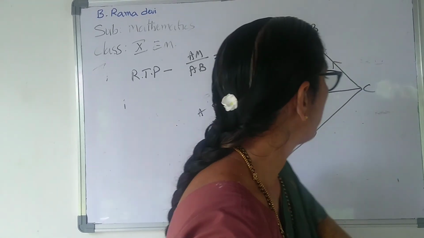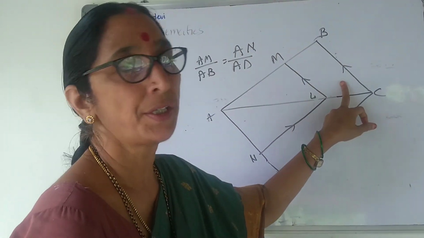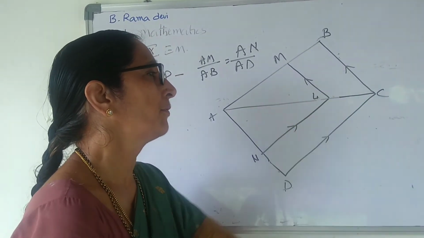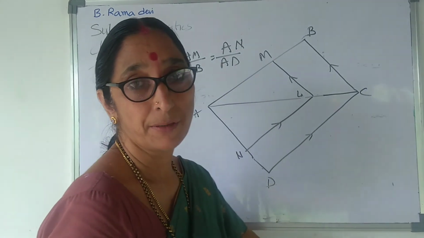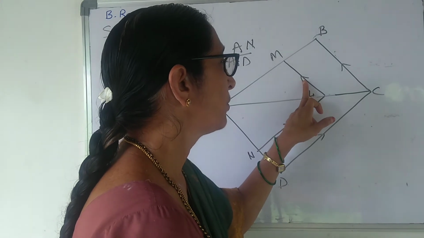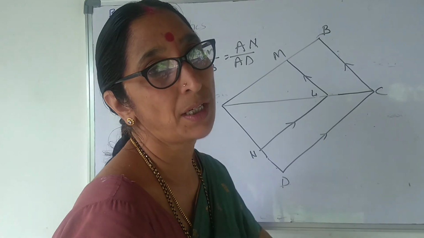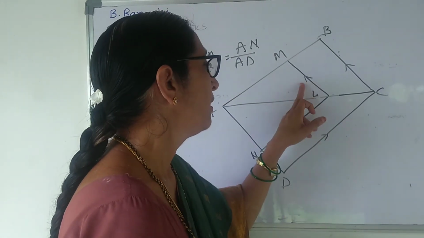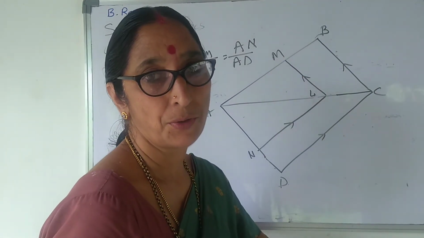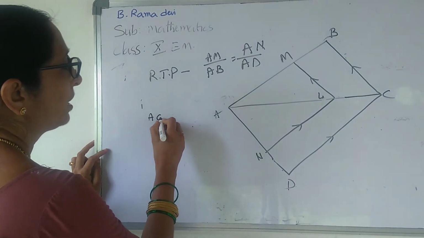Now analyze the data. Here LM is parallel to CB. Therefore, according to BPT, a line parallel to a side divides the other 2 sides in the same ratio. So, LM divides AC and AB in the same ratio.